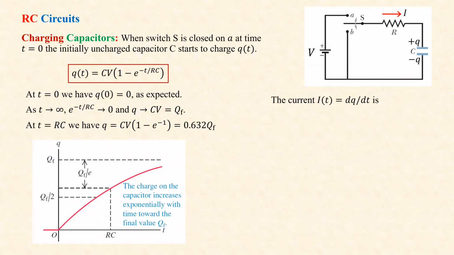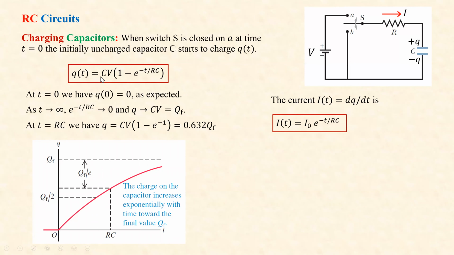But if you look at the current, how does the current change in here? Current is dQ/dt, right? So you can take the derivative of this Q with respect to time, and you get the current. The first term is CV times 1, and the derivative of that is 0. And then we have negative CV e to the negative T over RC.